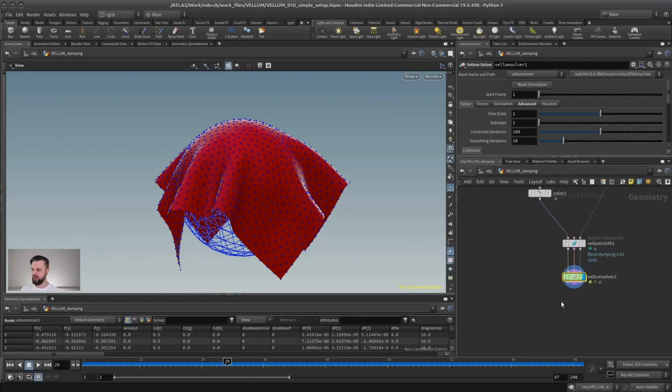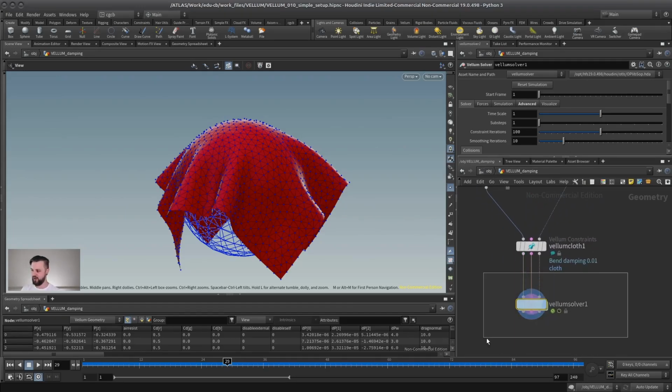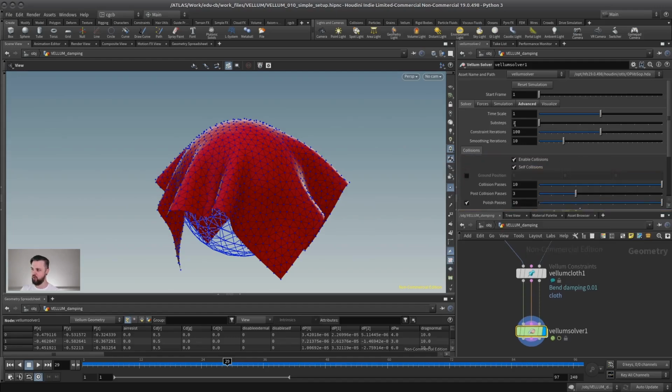And one thing where you can see that, and of course we will talk about all this in the next couple of videos, is that the Vellum solver itself has a sub-steps parameter, which is only set to 1, which is not what we would expect, but it's actually just a multiplier to the constraint iterations and the collision passes. So we actually have 100 constraint iterations that happen with every sub-step. This is the representation of all these steps that we had to manually put into the grain setup.